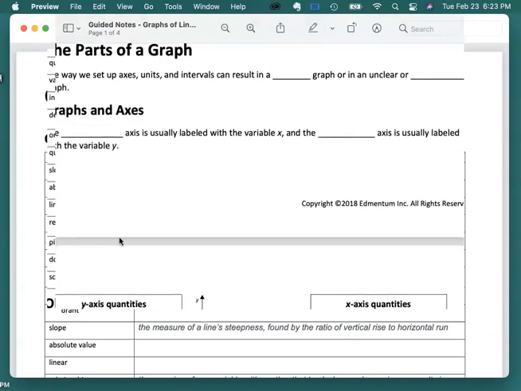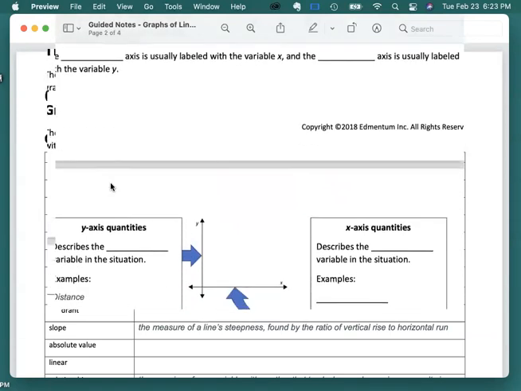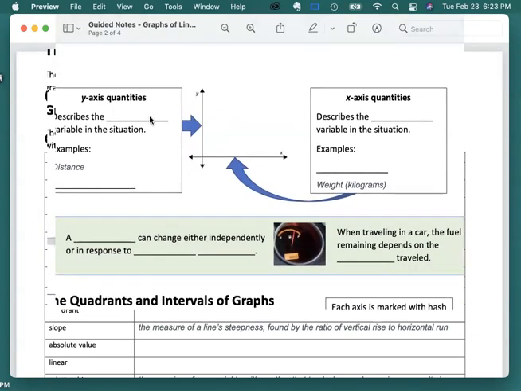I just kind of want to go over graphs and main parts of the graph. So right here we have two axes. Left and right is the x-axis, and up and down is the y-axis.